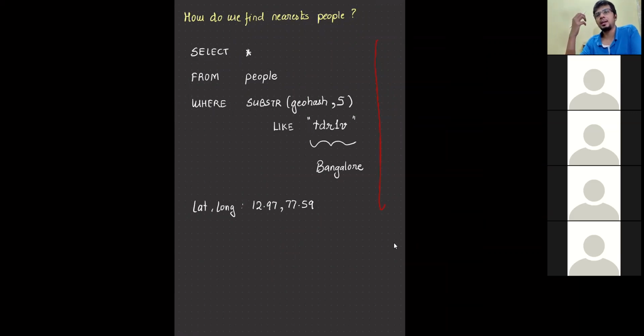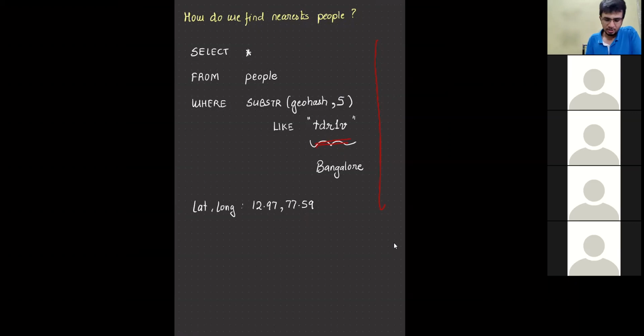So if I want all people from Bangalore to come to my Tinder, what I'm effectively doing is, everyone who has this as a prefix are people who are close to me, because I've expanded my space to the entire Bangalore.